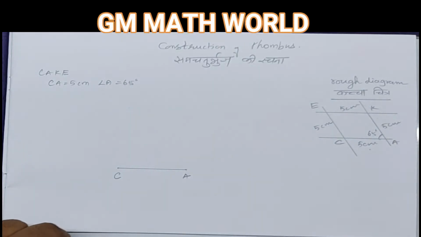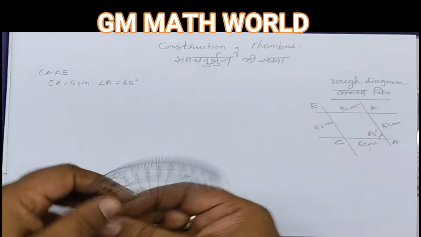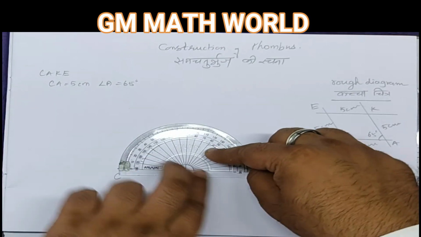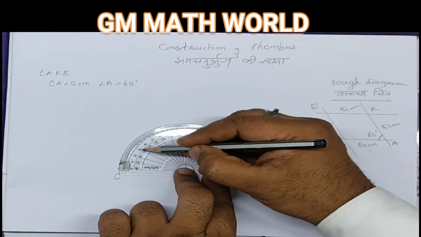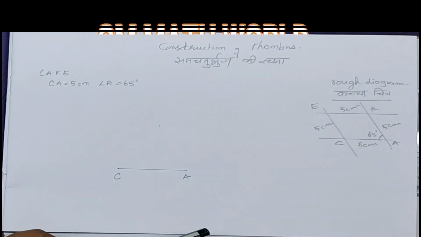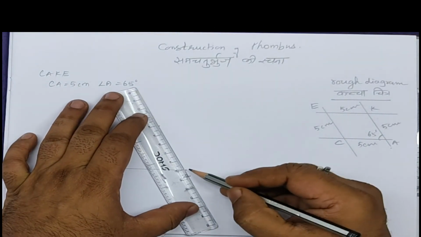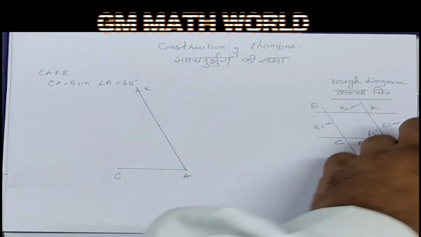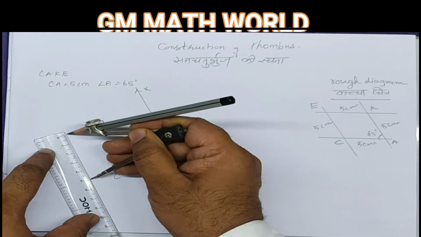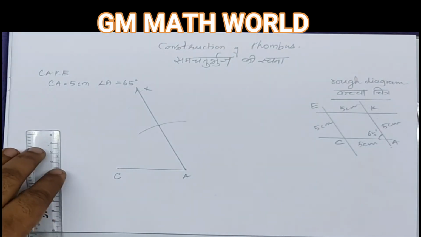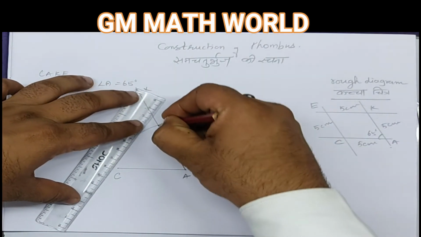And now, taking 5 centimeter in the compass, on A we have to draw the arc, and also 65 degree from the point A. Keeping the protractor on point A, and counting from the C side 0, 10, 20, 30, 40, 50, 60, and 65 is between 60 and 70. So put the dot there and join the dot, draw the ray AX and get 65 degree at A.